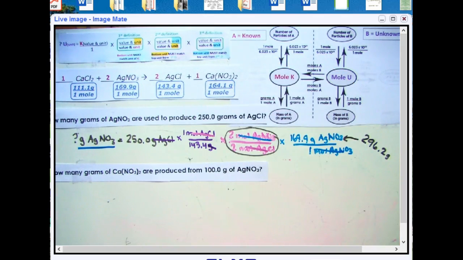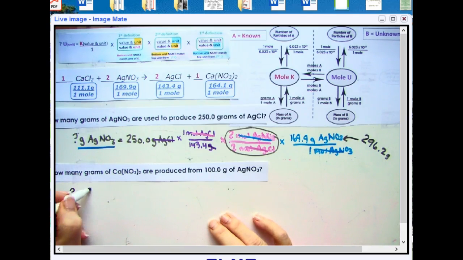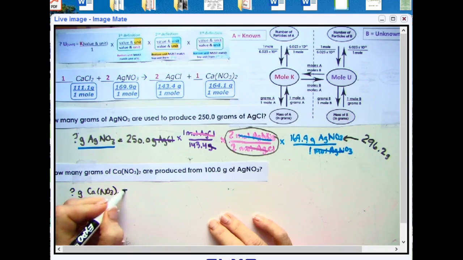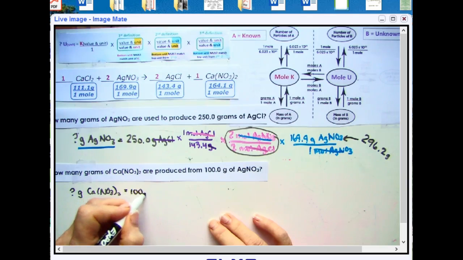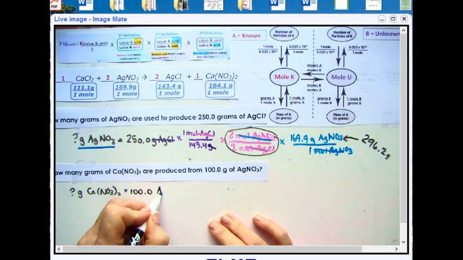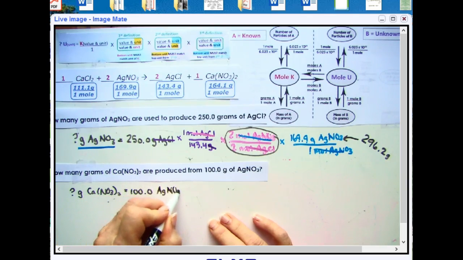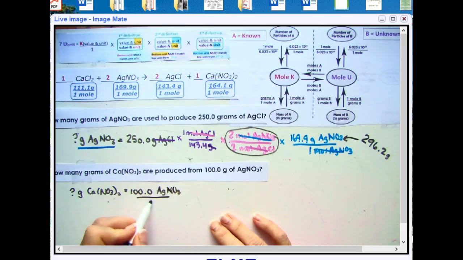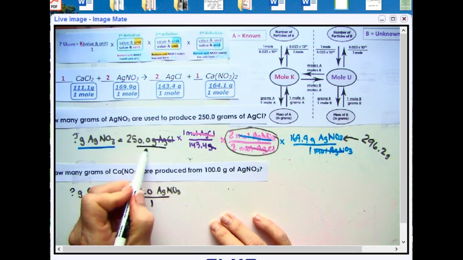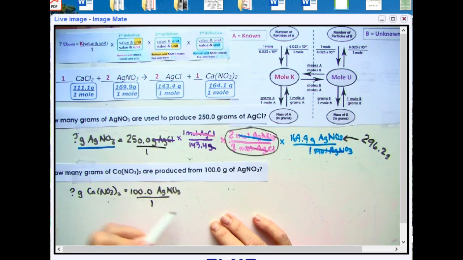So let's get the problem started by saying how many grams of CaNO3 equals 100.0 grams of AgNO3. You can put that over 1 anytime you need to see that it's on the top.